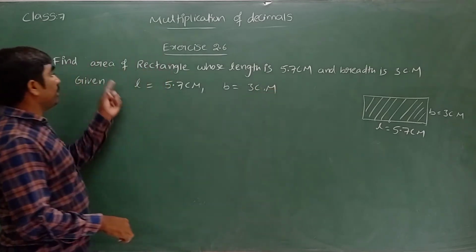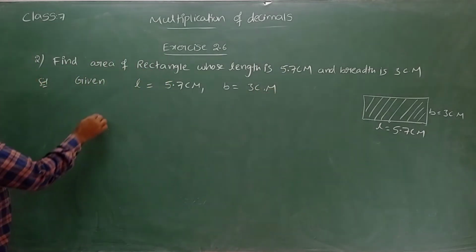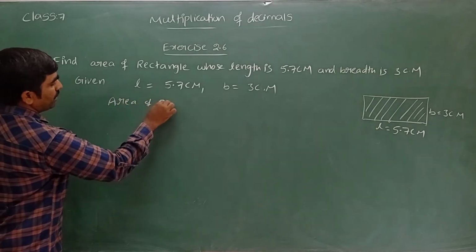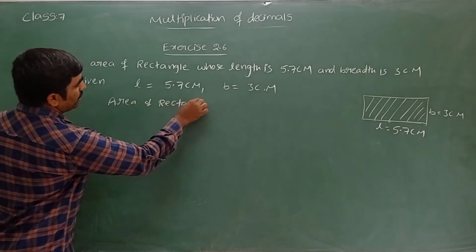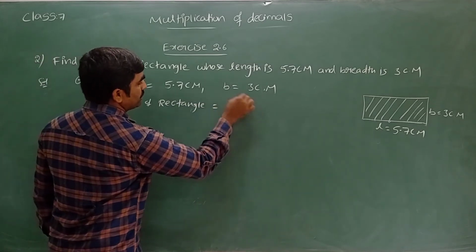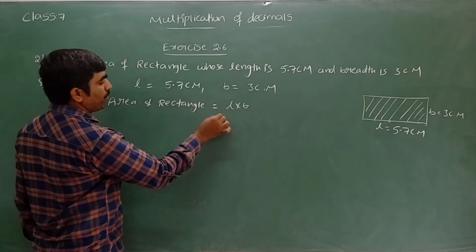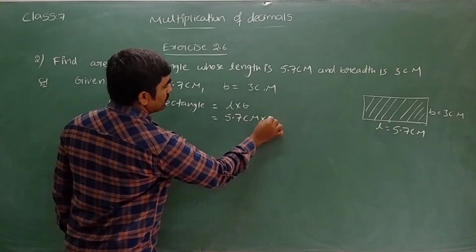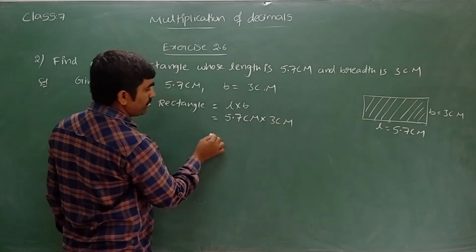Now they are asking to find the area of the rectangle. So what is the formula we have? Area of the rectangle is equal to length into breadth. What is the length we have? 5.7 centimeters into what is the breadth? 3 centimeters.